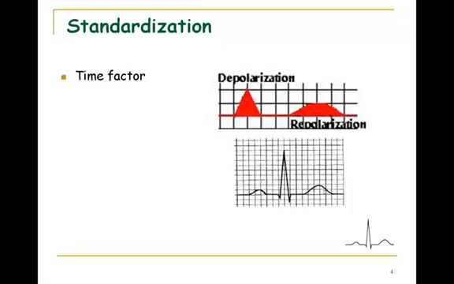Same amount of muscle, but is depolarization quicker than repolarization of the ventricles? Depolarization of the ventricles uses the cardiac conduction system, the Purkinje fibers. It's much quicker to depolarize the ventricles than it is to repolarize. And repolarization of the ventricles does not utilize the cardiac conduction system, so it's slower.